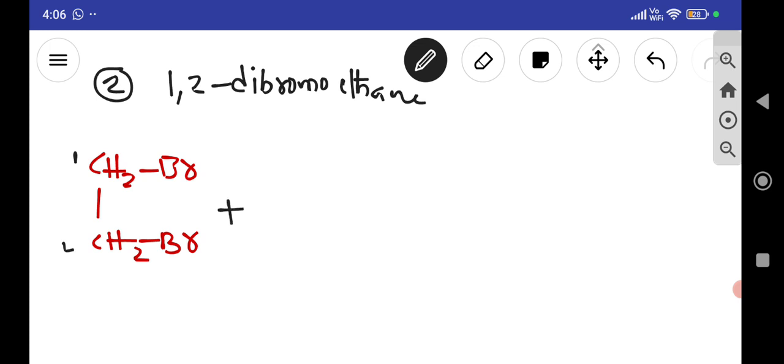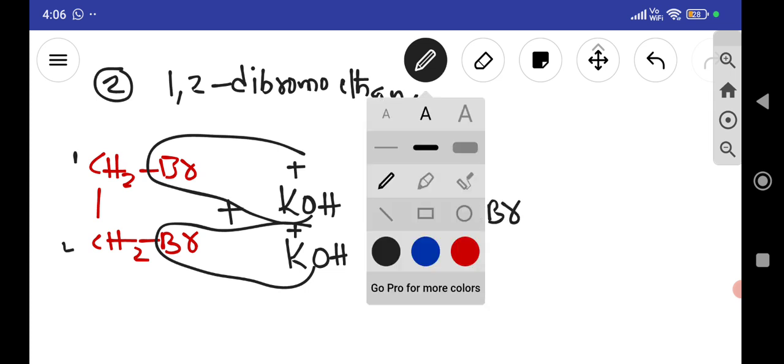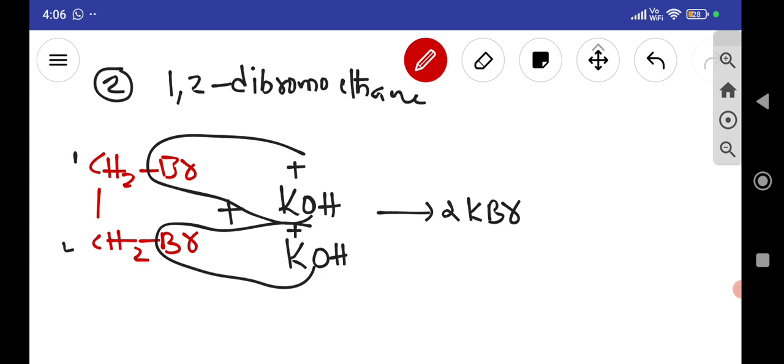Then alcoholic KOH we have to add. So take it as 2 KOH. You can write it like this also, no issues. So what will happen? K plus and Br will be removed like this. So you will get 2 KBr. Now one more important thing is, here this reaction with alcoholic KOH is known as dehydrohalogenation.